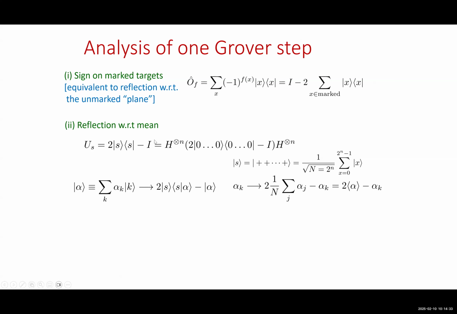It's really doing this, and this does not know anything about the state. So this is really a reflection with respect to the mean. Whatever comes in and you apply that reflection, its interpretation is the reflection with respect to the mean.